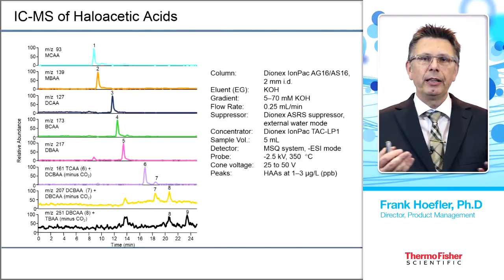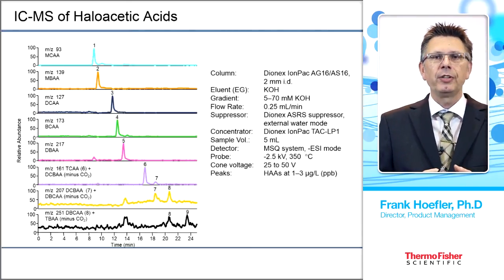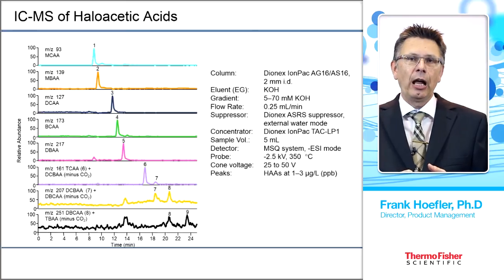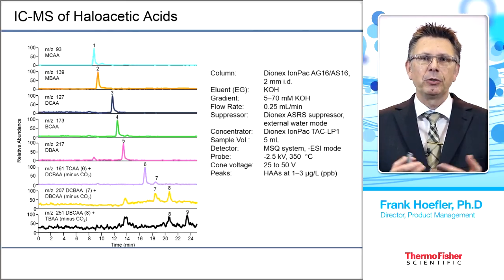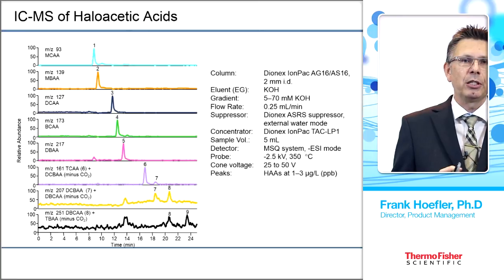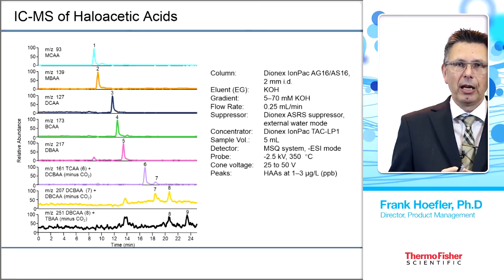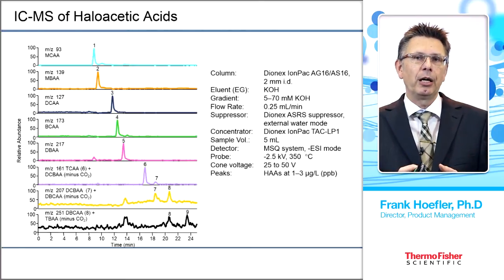Another example in the area of disinfection byproducts, which created a lot of interest over the last years, are haloacetic acids. Haloacetic acids can also be formed during the disinfection process, and those can be carcinogenic and have to be determined at very low levels. The problem with haloacetic acids is that they are thermally labile.